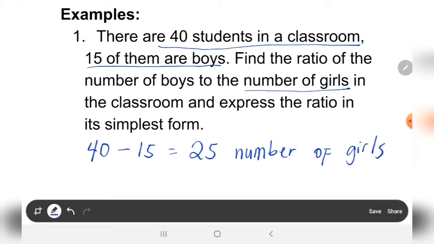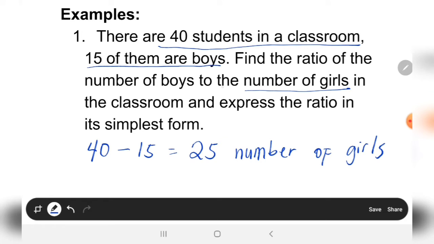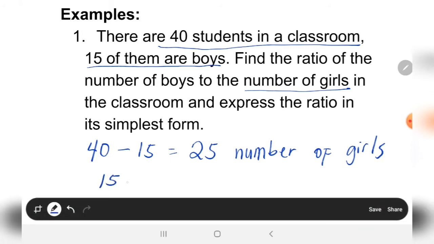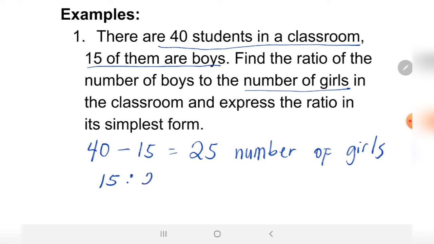Now, find the ratio of the number of boys to the number of girls. We know that there are 15 boys and there are 25 girls, and this is the ratio.